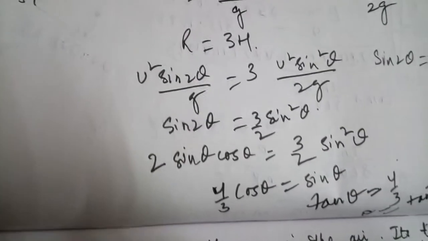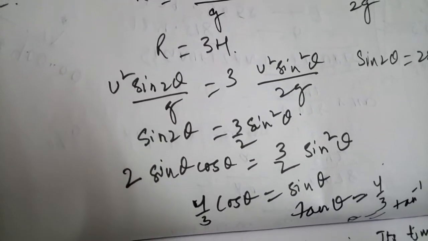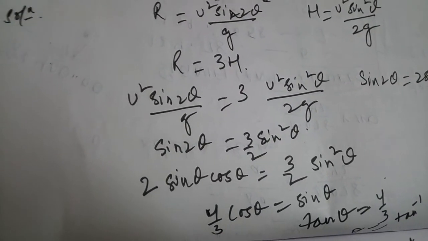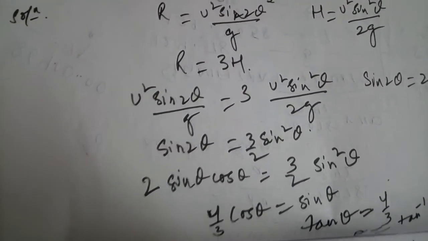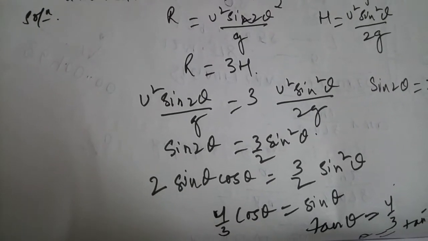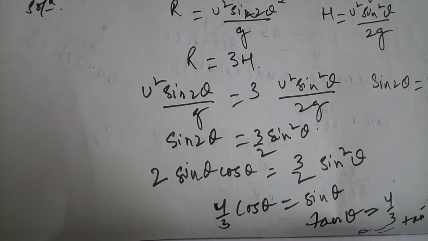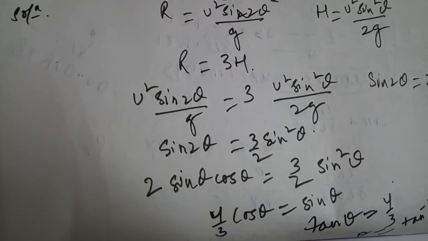If we know the value of the angle of projection, we can calculate the range, but since only the initial velocity is given, we simply get an equation. So this is the first question, and let's go for the next question.